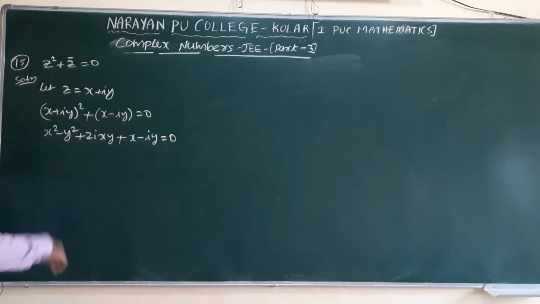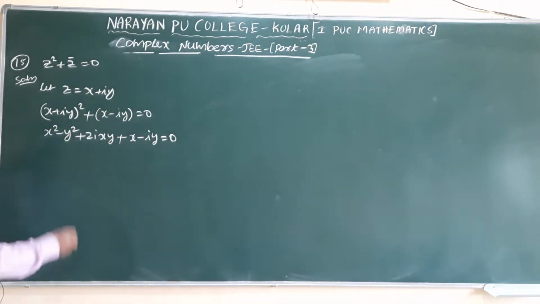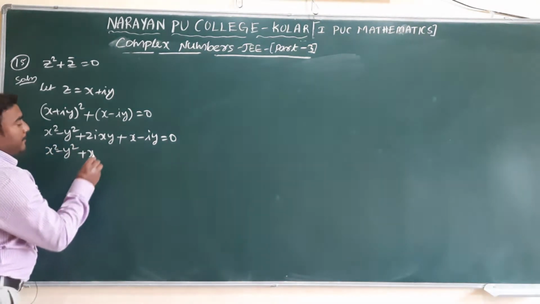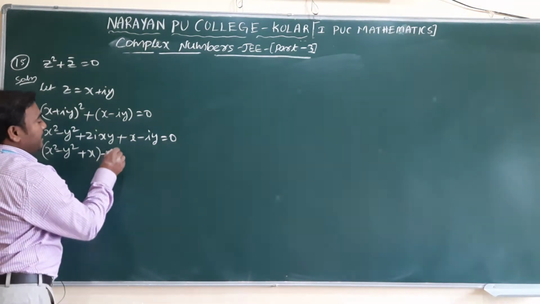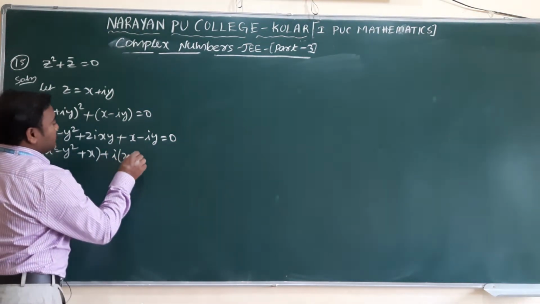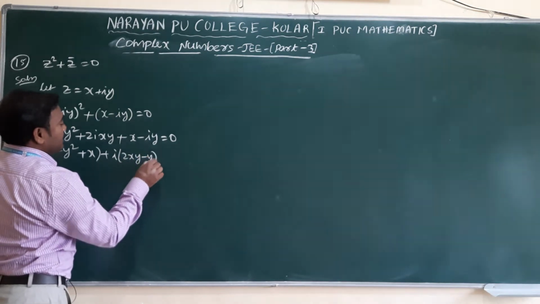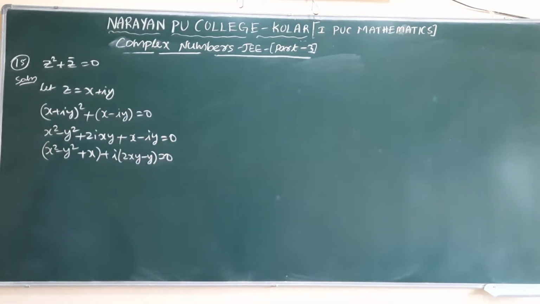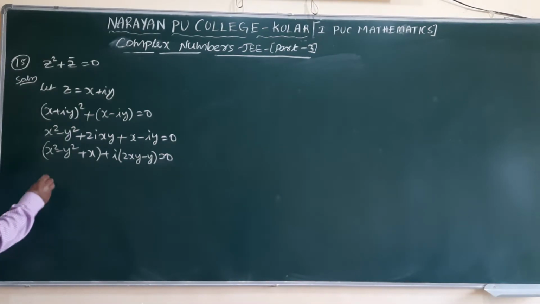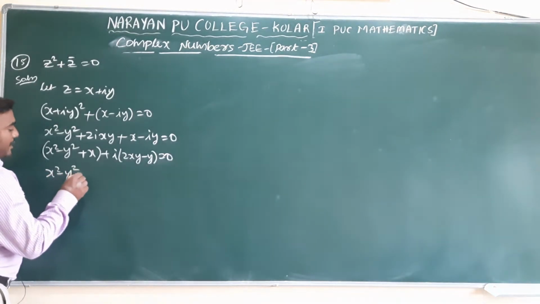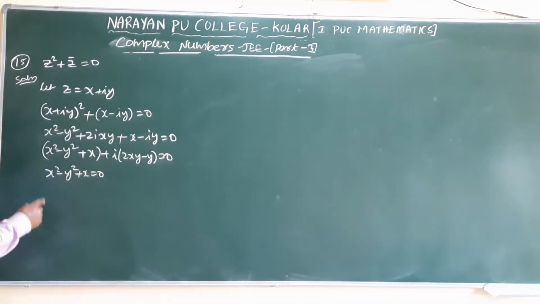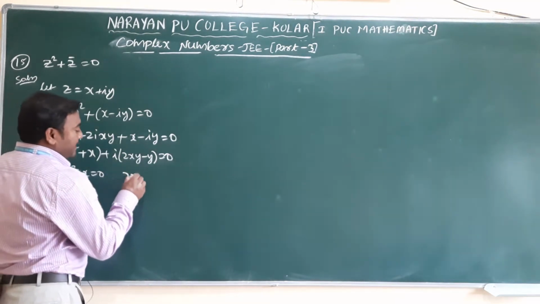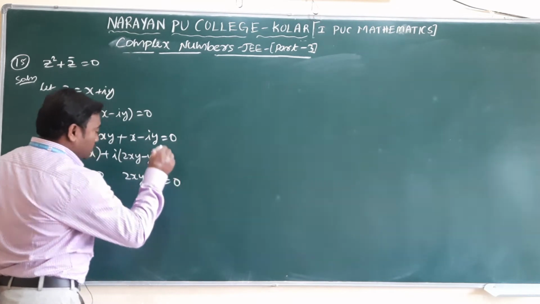Here I am separating the real and imaginary parts. Here x square minus y square plus x plus i into (2xy minus y) is equal to 0. Comparing the real and imaginary parts on LHS and RHS, x square minus y square plus x is equal to 0 and 2xy minus y is equal to 0.